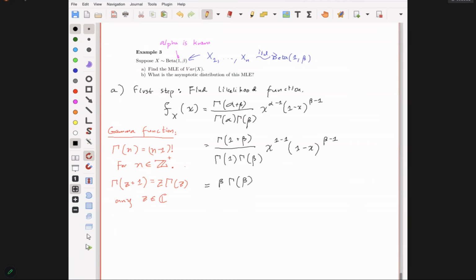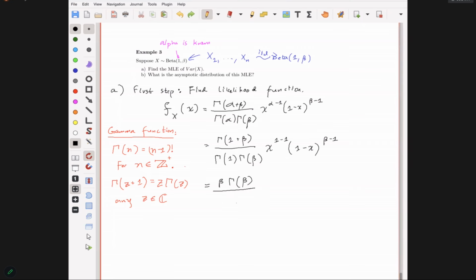Okay? Okay. What is gamma of 1? It's 0 factorial. And so what does that evaluate to? Okay, 0 factorial. And what is 0 factorial? 0 or 1? It's 1. That's just how it's defined. And then what is gamma of beta?